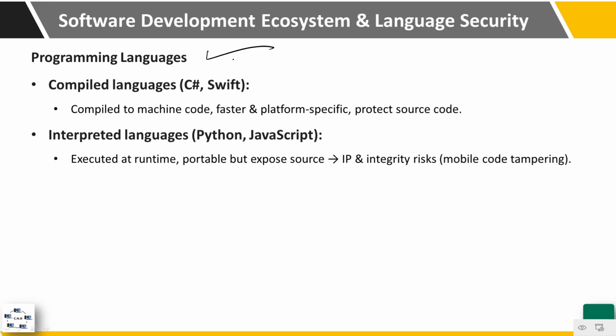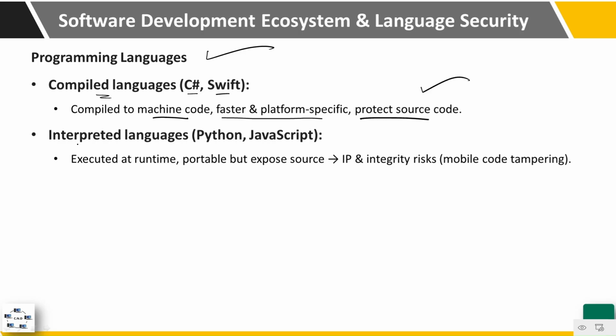So the programming languages include compiled languages such as C and Swift. The compiled languages are compiled to machine code. They are faster and platform specific, and they have the capability to protect the source code.